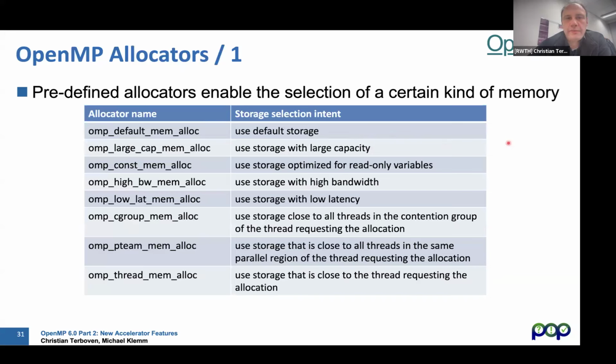These are the predefined memories that enable us to select a certain kind of memory, like the large capacity memory or the high bandwidth memory, and so forth. And the idea is that the OpenMP runtime maps our kind of abstract requirement to actual physical memory, or let's call it a certain kind of memory that is present in the system when your program is being executed.